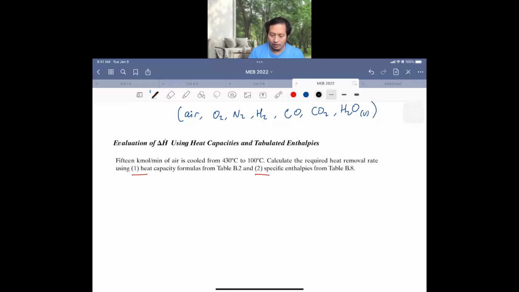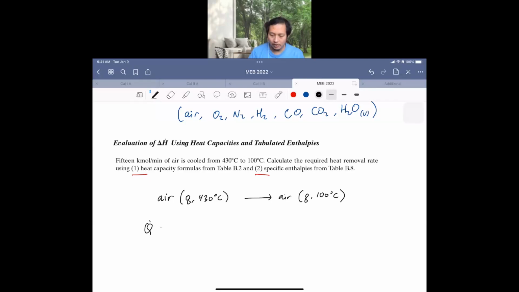Okay. Now we have started. This substance is air. Of course, it's gas. It's at 430 degrees Celsius. It's going to be still the same substance, and it's cooled down to 100 degrees Celsius.